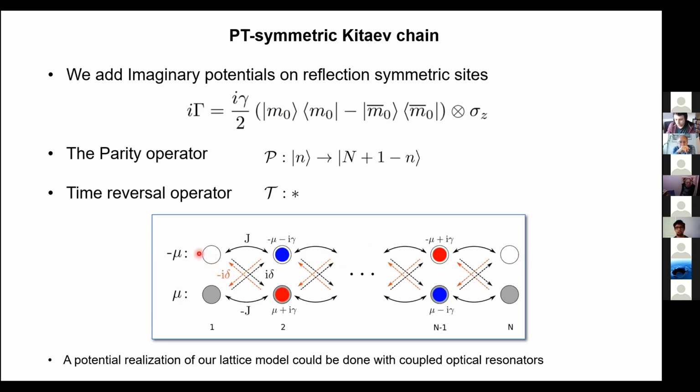All the sites, all the points on the top chain have a minus mu on-site potential, and the bottom one have a positive mu on-site potential. These are coupled using J and minus J, and then you have this cross imaginary coupling, so to speak, between sites of the adjacent chains.